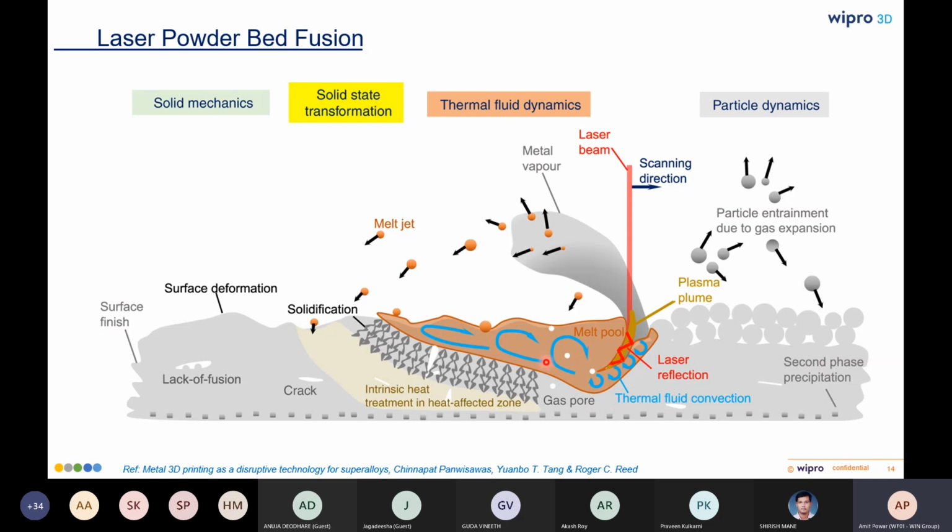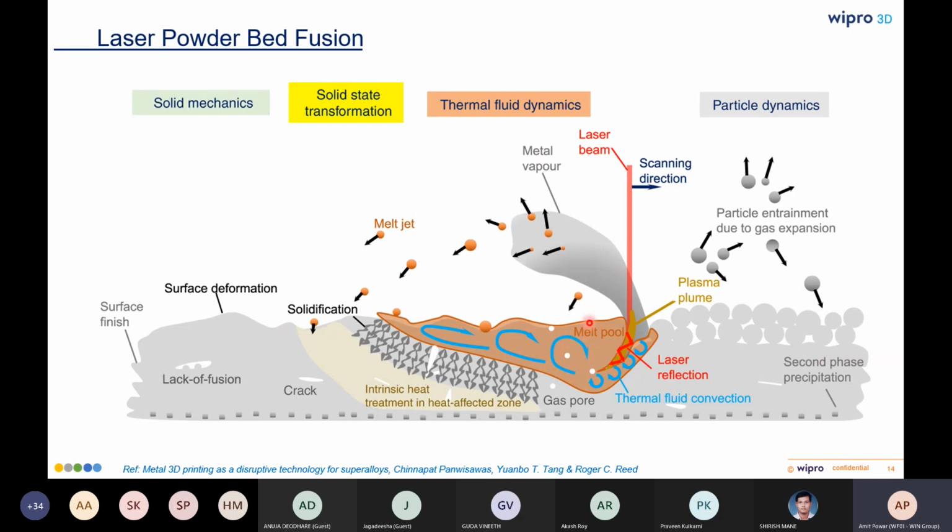If the laser beam is 80 micron in diameter, then the melt pool will be in the range of 200 or 250 micron. It varies from material to material, and then this melt pool will get solidified.